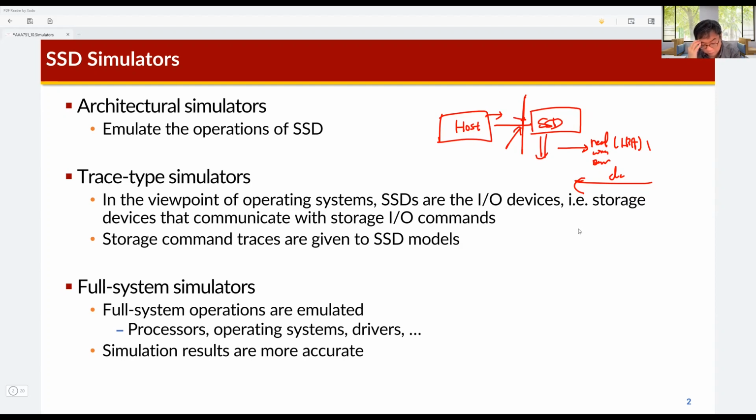Also, we measure the number of erasures and write amplification by this SSD model. This is the trace type simulators.